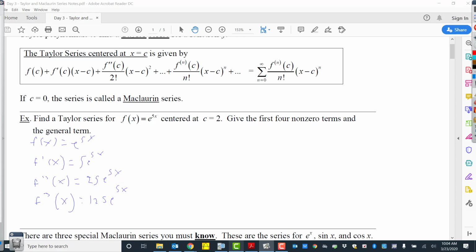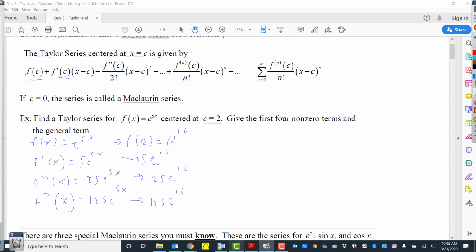So there are 4 derivatives, and remember, when we're looking at this formula, we don't just need the derivative, we need that derivative with our center plugged in, and it tells us our center is equal to 2. So we need to turn this into f of 2, which is going to be e to the 10th, and then I'm not going to rewrite it every time, but this is 5e to the 10th, 25e to the 10th, and 125e to the 10th.